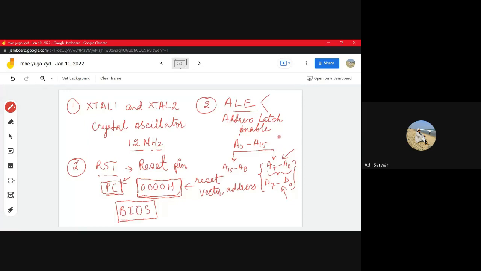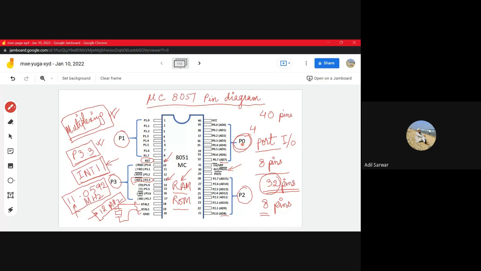If ALE has a value 1, then the microcontroller is transmitting the address A7 to A0 through the pins of port 0.